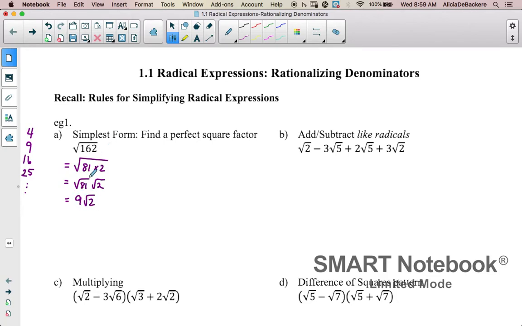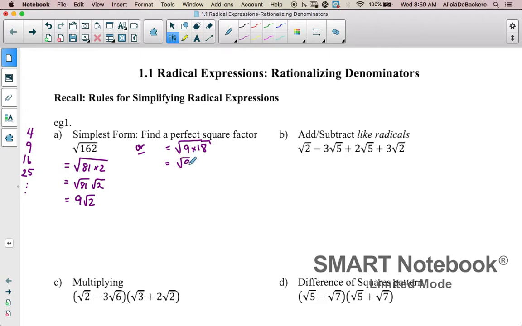Now, some people might not have noticed that 81 was a perfect square. So another possible solution for this question would be the first step saying that 162 is divisible by 9. So they might have noticed the 9 first and gotten 9 times 18. They're going to end up with the same answer as me at the end, but they're going to take way more steps to do it.